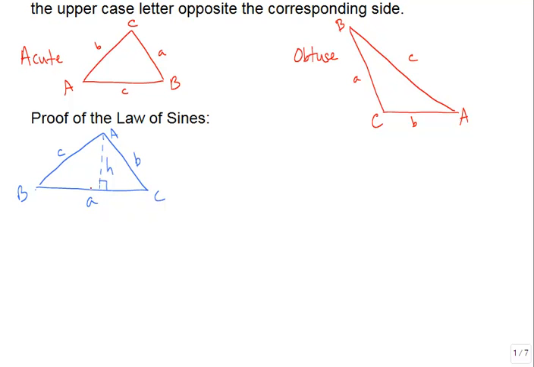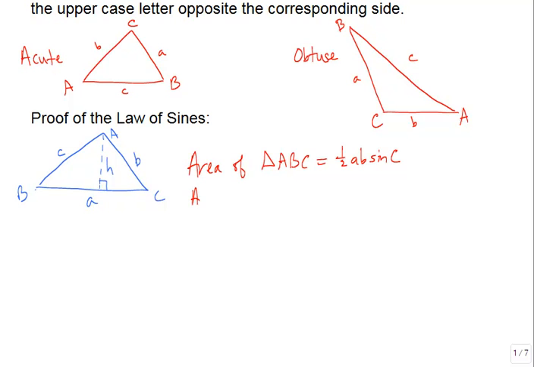Namely, there's a formula that says that the area of your triangle is 1/2 the product of 2 sides times the sine of the angle in between. So, for example, we could say that the area of triangle ABC is equal to 1/2 this side a times this side b times the sine of the angle in between, which would be angle C.